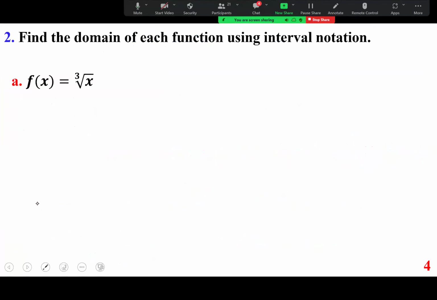Cube root of x has no restriction. Whenever the index is odd, the domain is all real numbers.